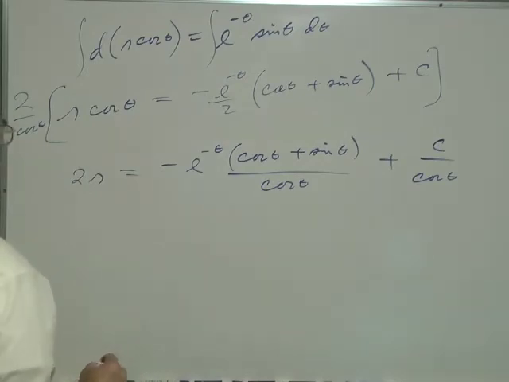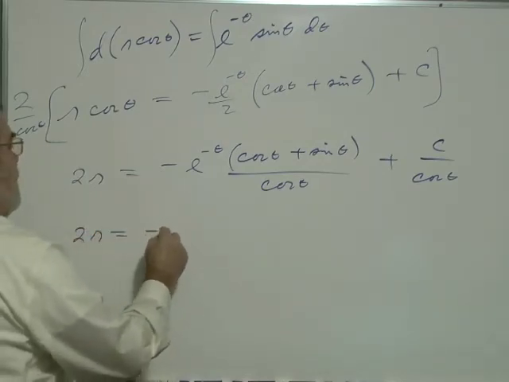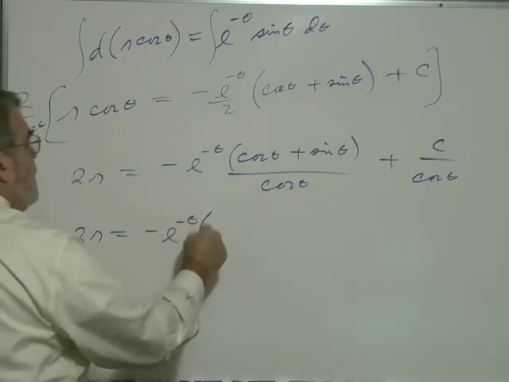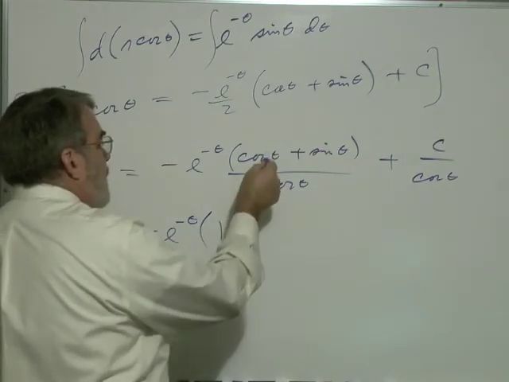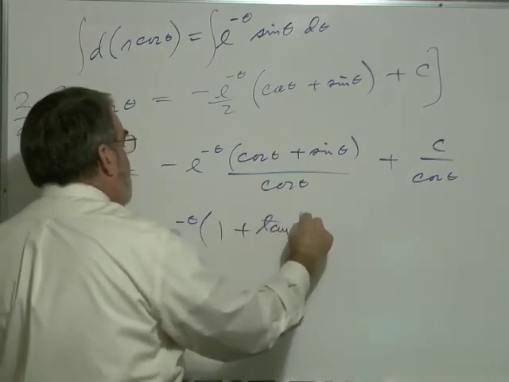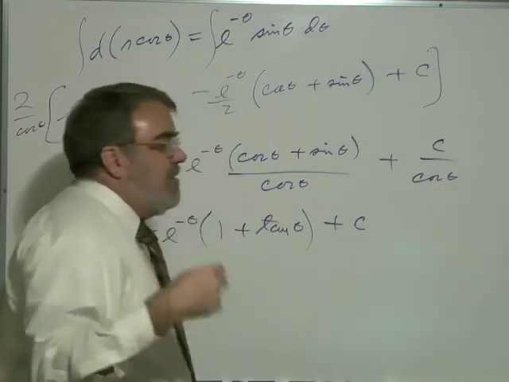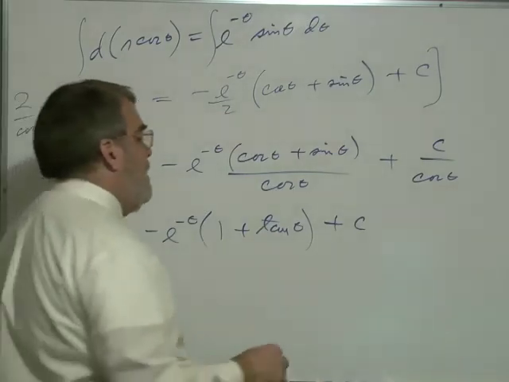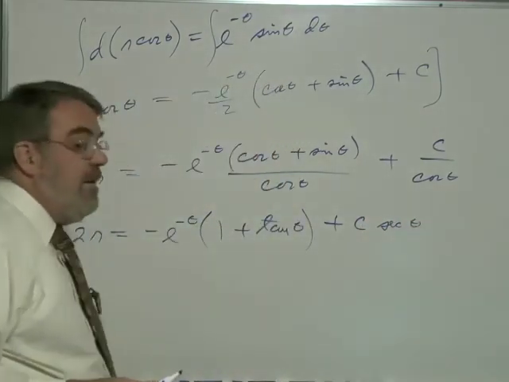Well, all right, so this is 2r equals negative e to the minus theta. If I divide cosine into this parentheses, I have 1 plus sine over cosine, which is tangent, 1 plus tangent theta. And then we have plus c, and c over cosine theta would be c times the secant of theta. C secant theta.